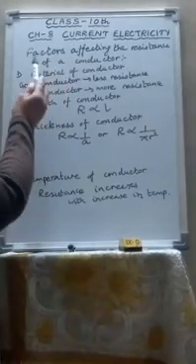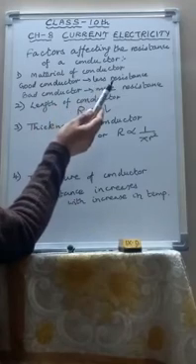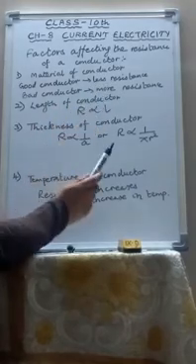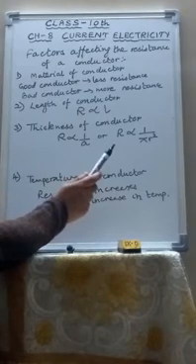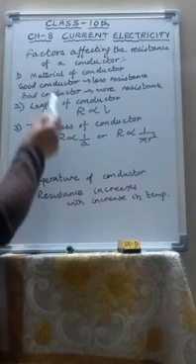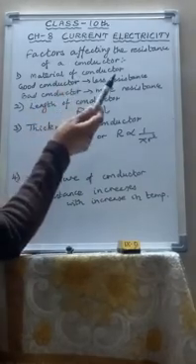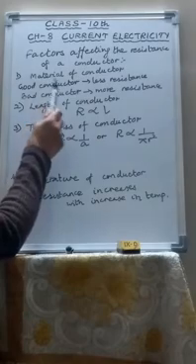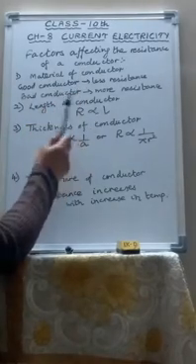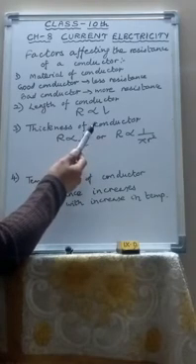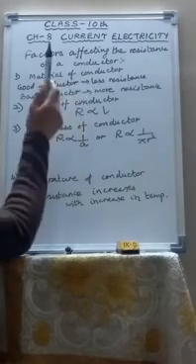Now the next topic is factors affecting the resistance of a conductor. I told you that resistance is the obstruction offered by the conductor to the flow of current. These are the four factors which affect the resistance of a conductor. The first factor is the material of the conductor. Different materials have different concentrations of free electrons, and therefore the resistance of a conductor depends on its material.